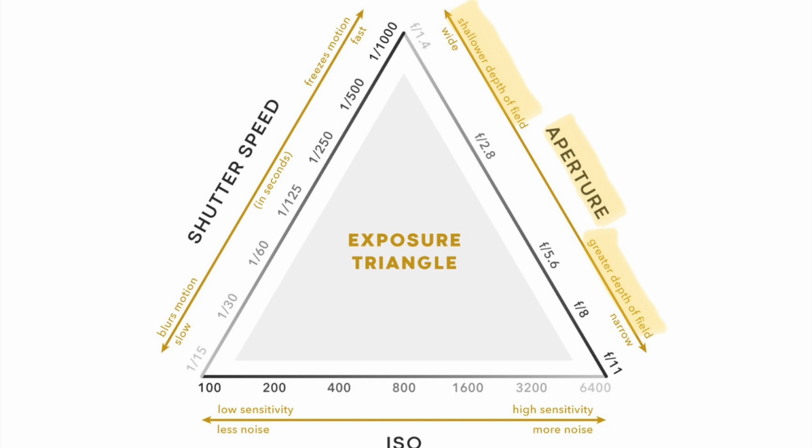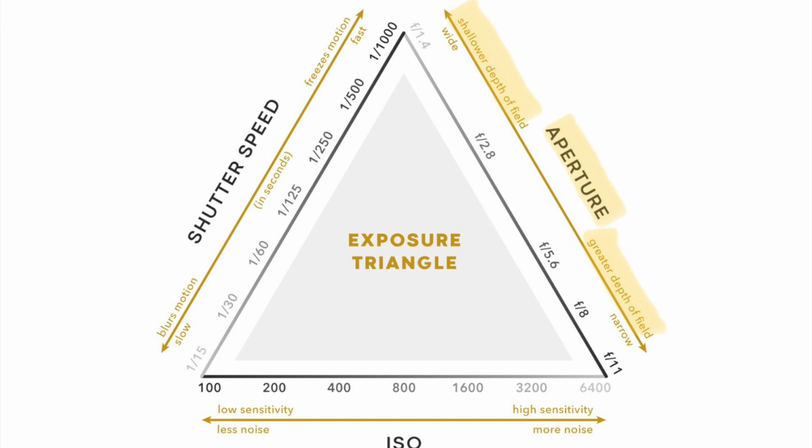F stands for focal length, and the number is the diameter of the opening. The larger the f number, also referred to as the f-stop, the smaller the opening. Thus, opening size and f number are inversely proportional.